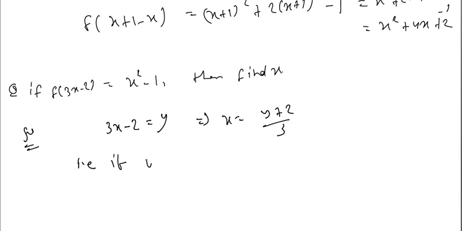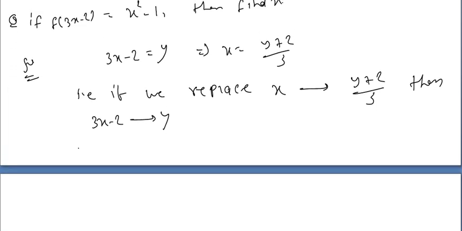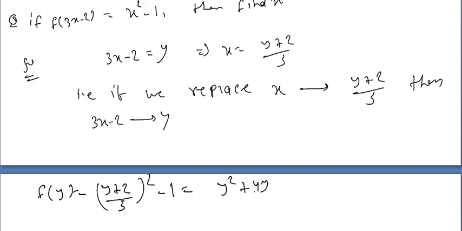If we replace x with y plus 2 divided by 3, then 3x minus 2 becomes y, and finally we replace the y by x, then we have the function in x. So f of y equals, putting y plus 2 divided by 3 instead of x, the whole square minus 1, is equal to y square plus 4y plus 4 minus 9, that is minus 5 by 3.